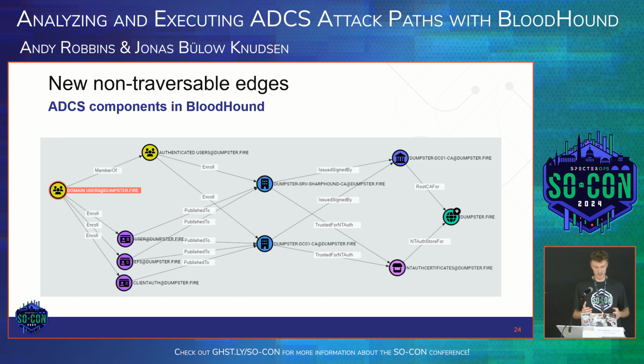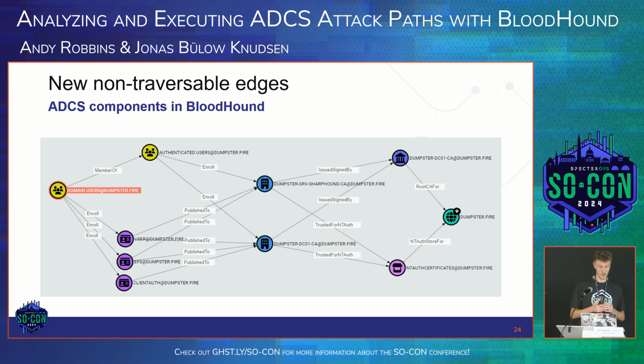Then we can see that authenticated users have enrollment rights on the enterprise CAs. So everybody basically in the environment can enroll certificates from these 2 enterprise CAs. And then there's 3 published certificate templates of these 2 enterprise CAs where domain users has enrollment rights.